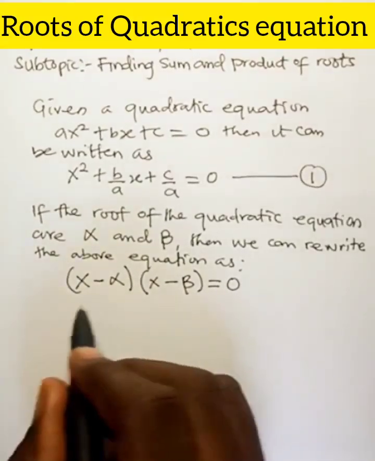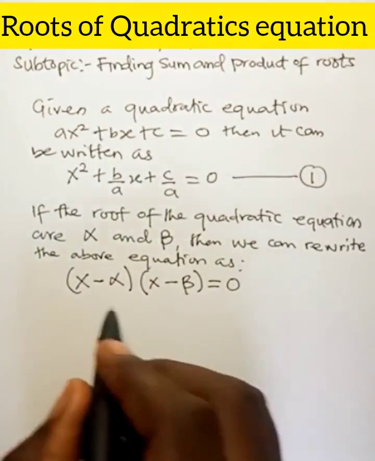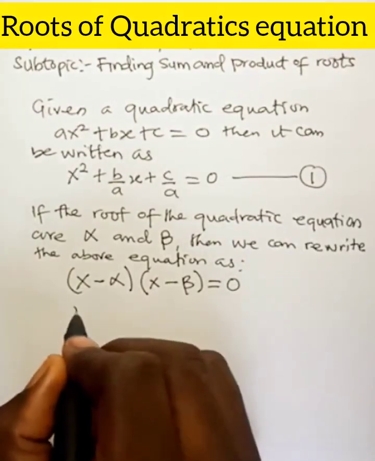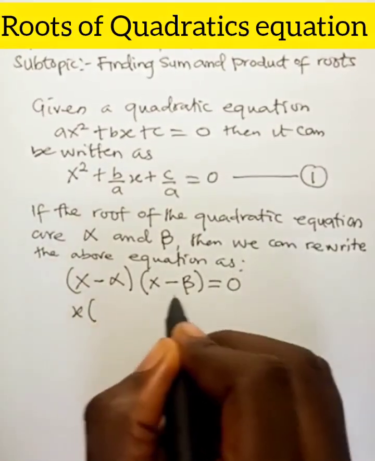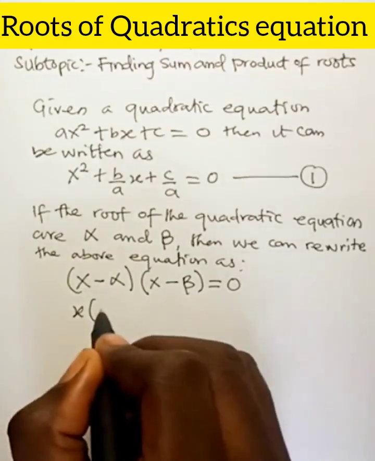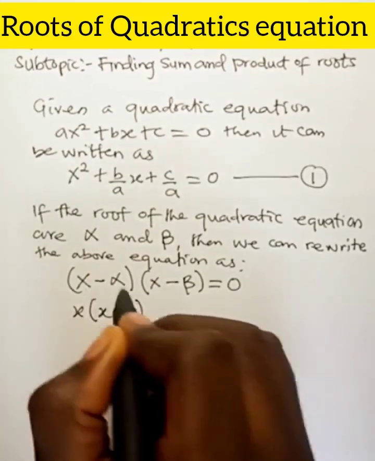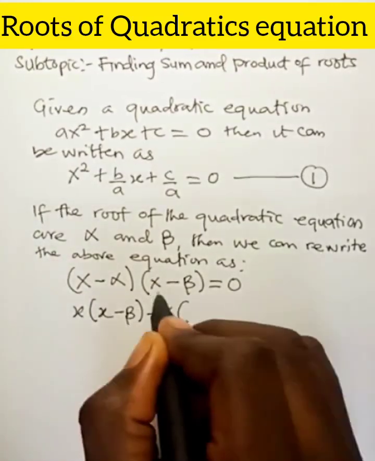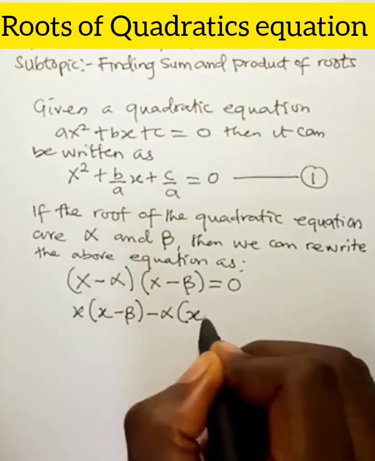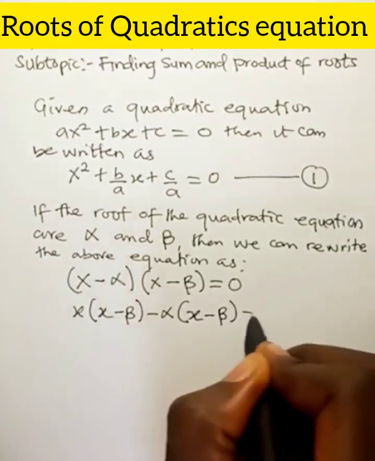Now let's multiply this out. Let's expand this bracket here. If I pick this x, I'll use it to multiply everything here, so I will have x minus beta. Then I'll pick minus alpha, use it to multiply everything here, I will have x minus beta equal to 0.